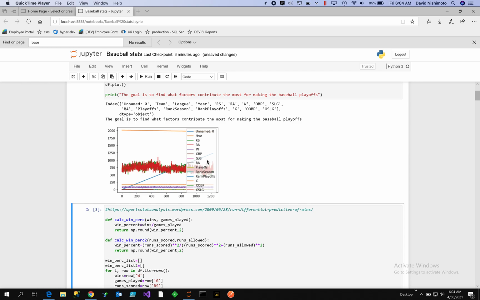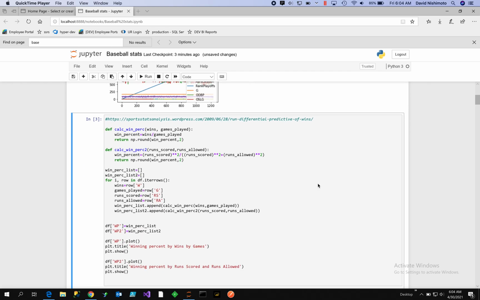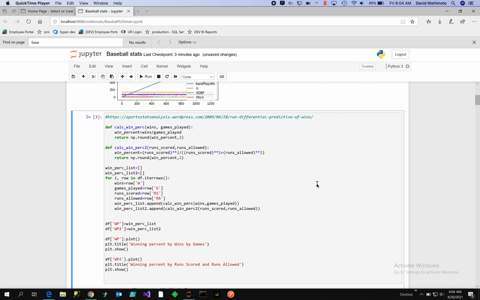There's just various noise in the data. So the graph itself does not reveal, when you do the plot, any important features.